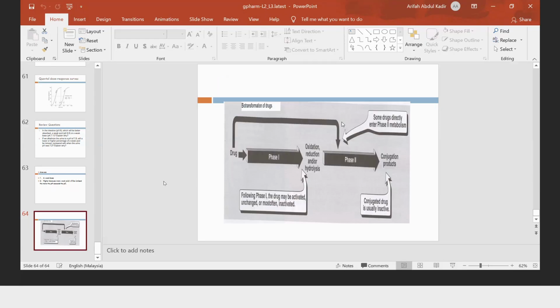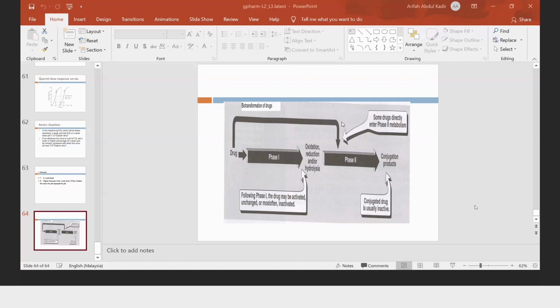So I have covered pharmacokinetics: absorption, distribution, metabolism, and excretion. I forgot to record the session on absorption and distribution.